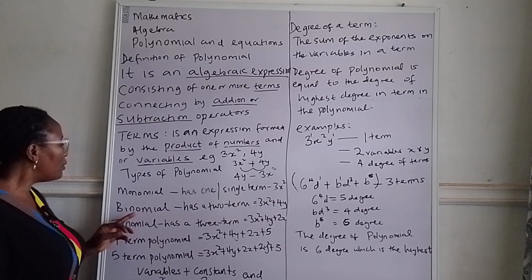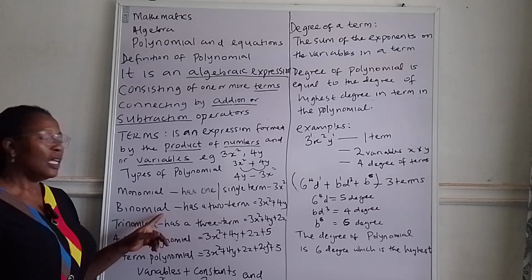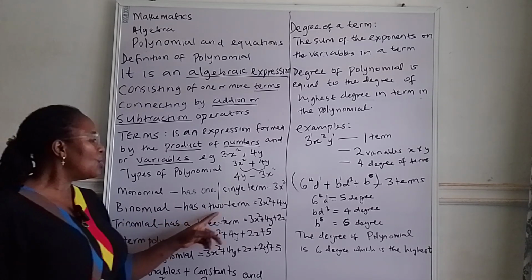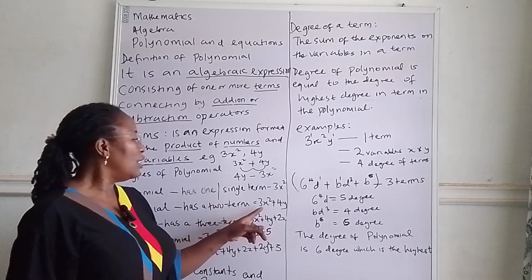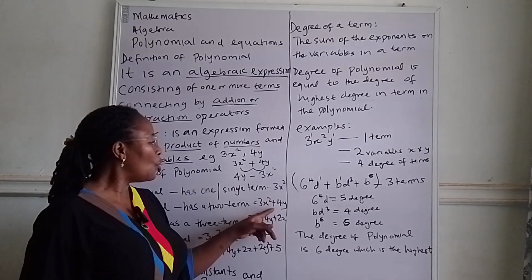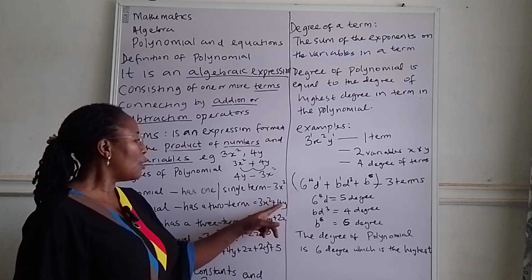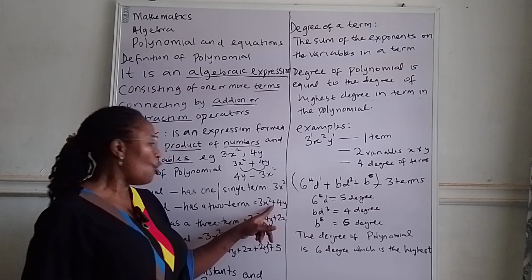Now, we have another type of polynomial, which is binomial. A binomial is a polynomial that has two terms. In this case, we have 3x squared plus 4y. This is one term, this is the second term, connected together by an addition operator.